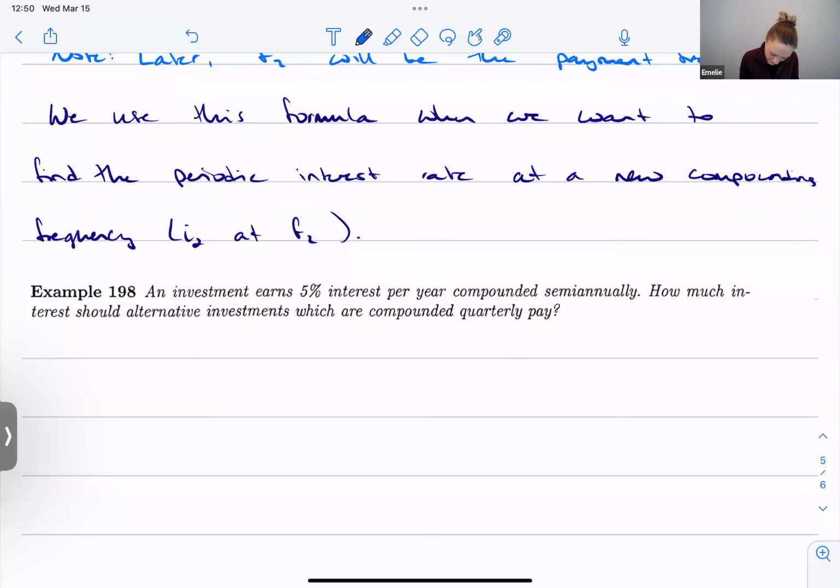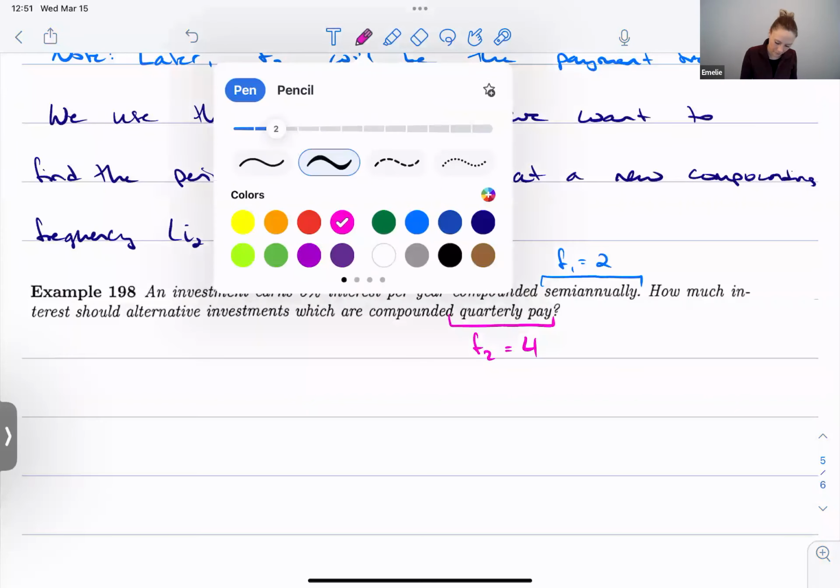How much interest should alternative investments, which are compounded quarterly, pay? So now we want to find R2. R1 is 0.05 and it's compounded semi-annually, so F1 is 2, since semi-annually means twice a year. The alternative is compounded quarterly, so F2 is 4 times per year. Make sure you use those subscripts, F1 and F2. The initial one is your F1, and then you're moving to F2.